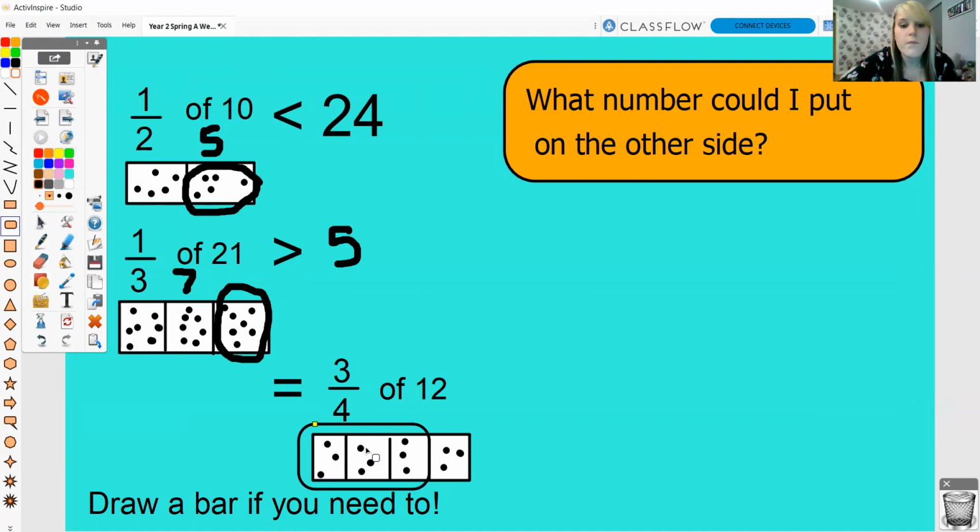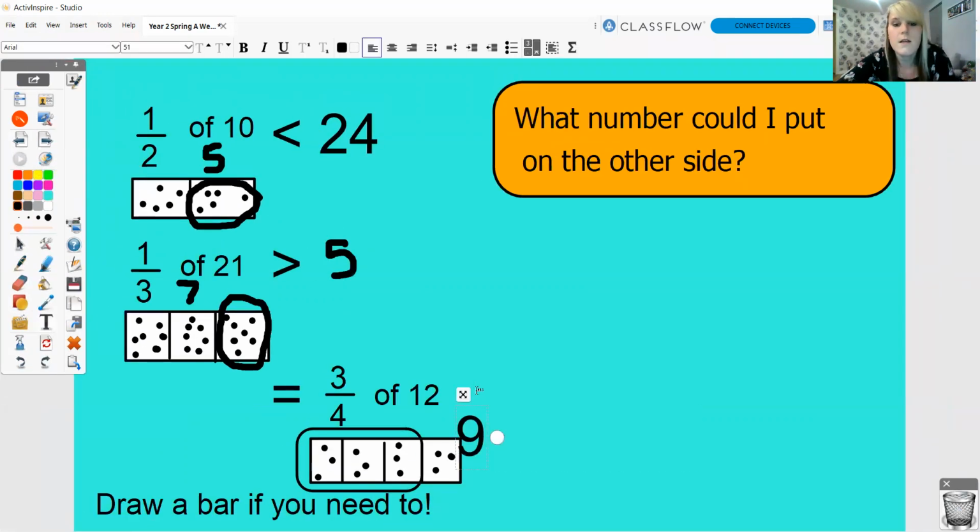So that's 3, 4, 5, 6, 7, 8, 9. So that means my answer this side is 9. So if this side equals 9, then what can I put this side? There's only one number it can be. That's 9, because 9 is equal to 3/4 of 12.